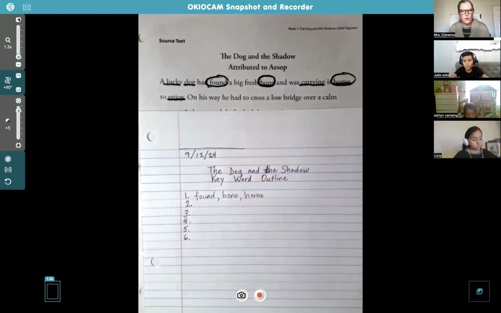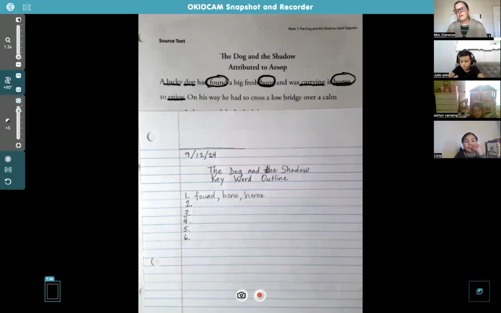Now there's another rule. Do you remember, Lizzie, what the things are we can use for free that we don't have to count? You remember what those were? We could do numbers. Remember? If you ever need to put a number in there, you don't have to count that as a word. You can use symbols. You can draw a little picture.